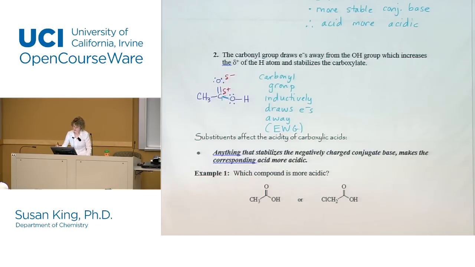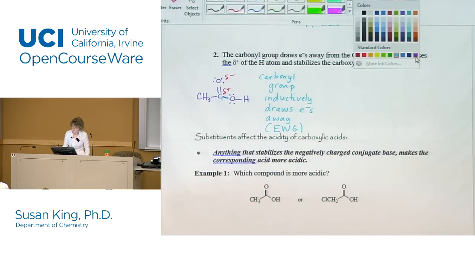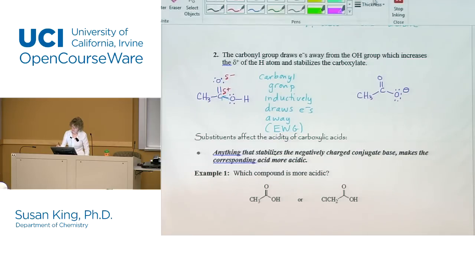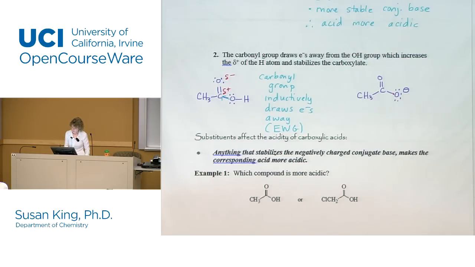All right, so what does that do for our conjugate base? Here's our conjugate base, carboxylate ion. And so what we have here is pulling electron density away here. Is that going to make that more stable or less stable?